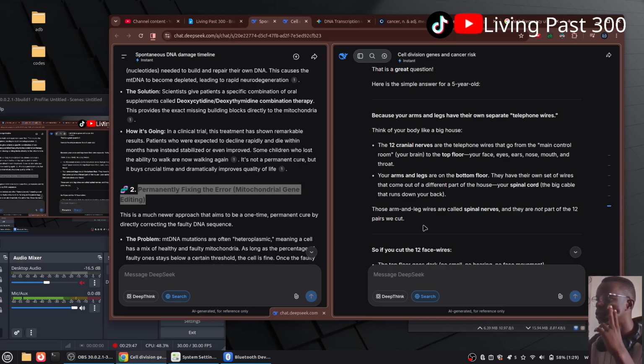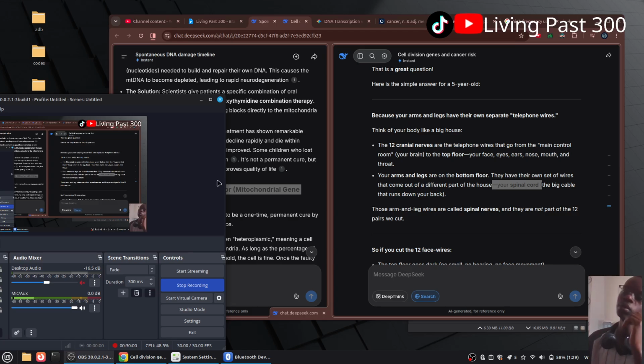Oh, really? And the spinal cord is a separate part. Oh, so the cranial nerve and the spinal cord are two different things. I'm sorry, I didn't know that they're just two different things.